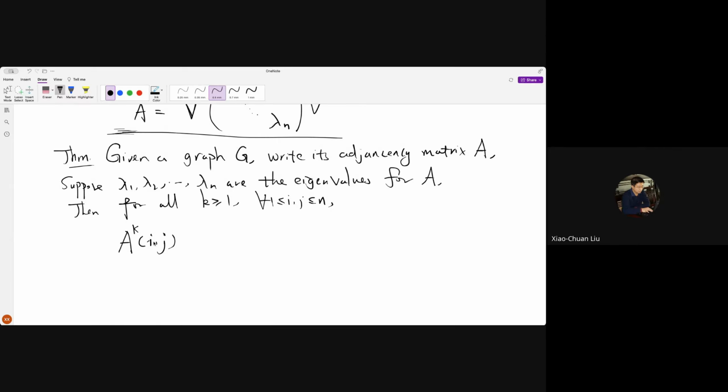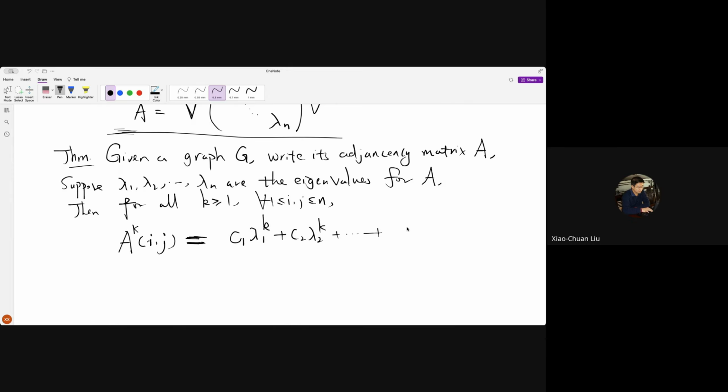We know from the previous theorem that this is a constant, the number of walks. But now we want to use eigenvalues to write down what this number is, to give a formula. So this is actually a sum: C1 lambda 1 to the power of k plus C2 lambda 2 to the power of k, and so on, which is very interesting.